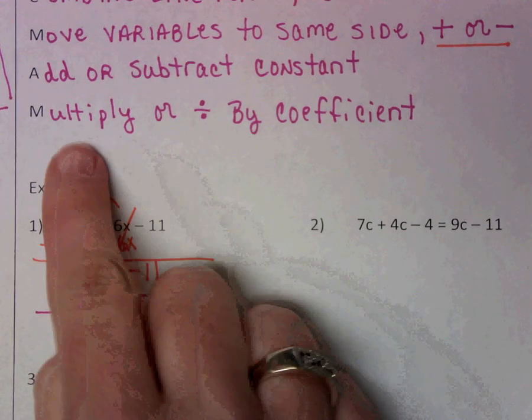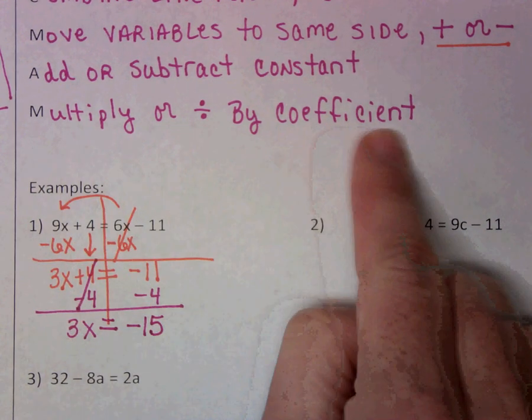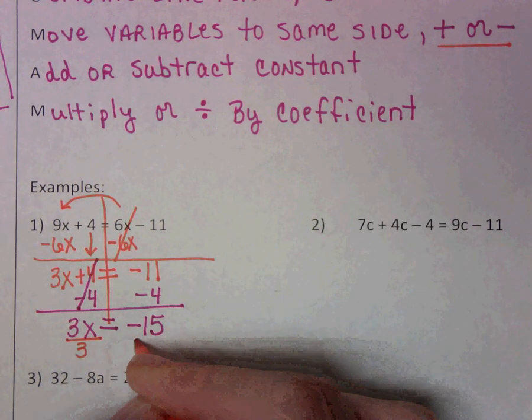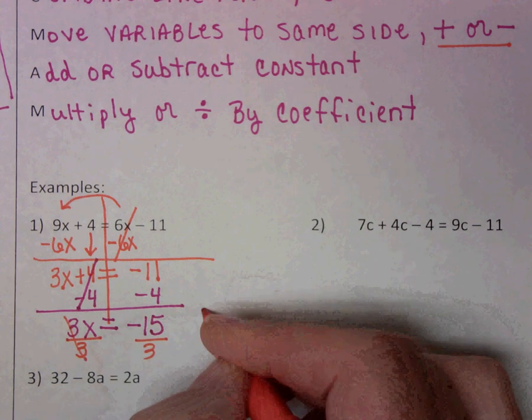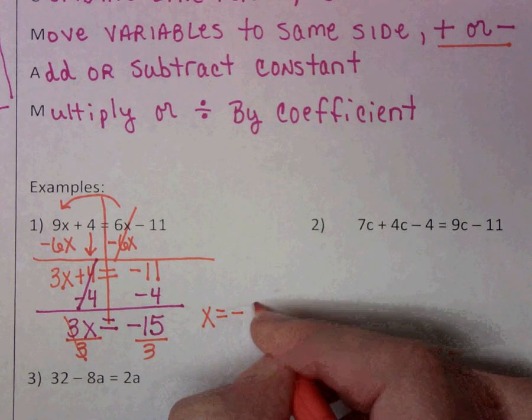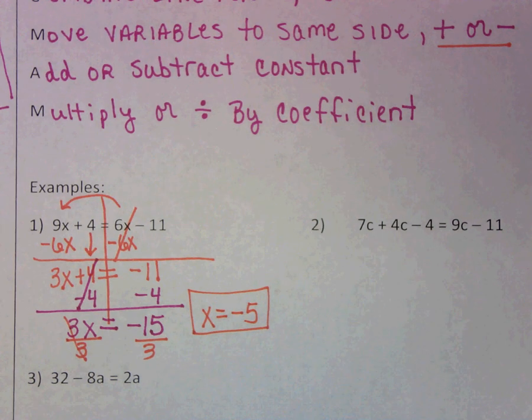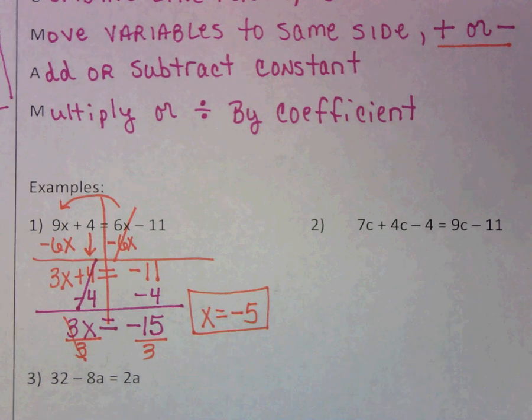And then our last step, multiply or divide by the coefficient. Our coefficient is 3, so when I divide by 3, I get x equals negative 5, and that is my solution. Make sure you have all of those steps down before you look on to the next problem.